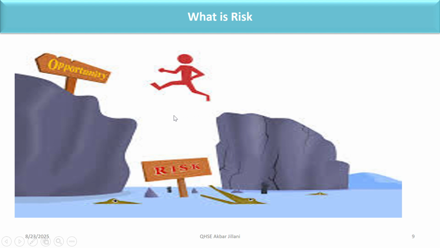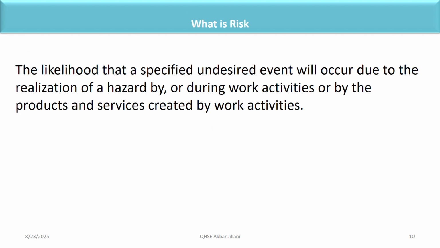What he is doing, jumping, is the activity, but the potential distance from this place to this place is the hazard. Once he jumps, it's a hazardous activity. If he lands here, okay, but he will still be injured. But if he falls here and gets injury, this is called risk.